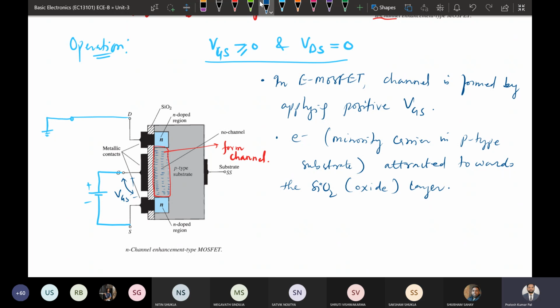This attraction will be because of the electric field produced by the application of gate to source voltage, the electric field produced by applying VGS.